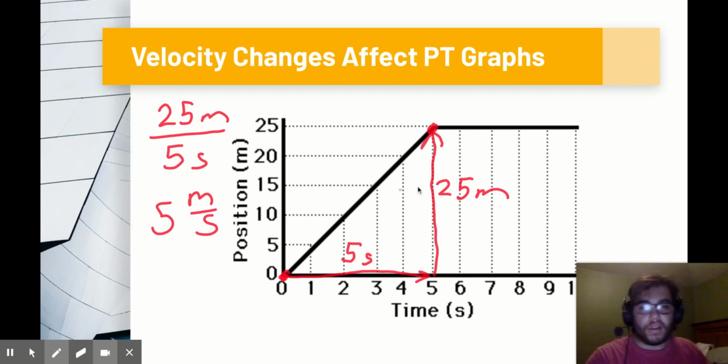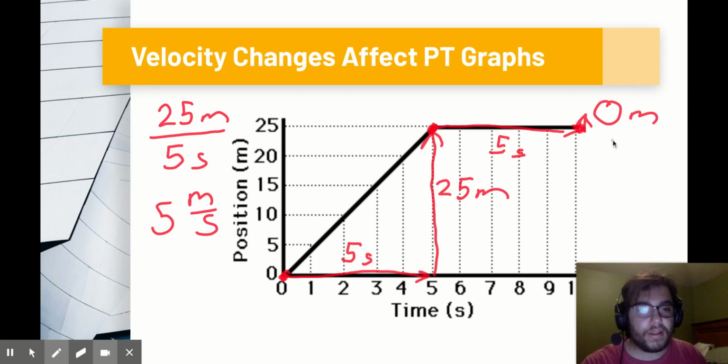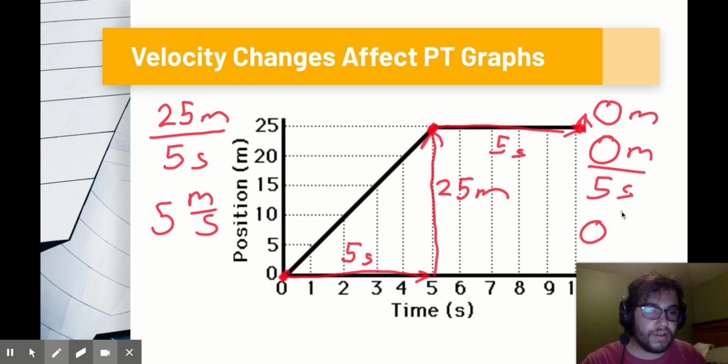Okay? But then the slope changes over here. It is a flat line all the way up until 10 seconds, where the graph stops. So this is still 5 seconds, but since it doesn't rise at all, there are 0 meters that you move, we can calculate this slope to be 0 meters over 5 seconds, which is simply 0 meters per second.